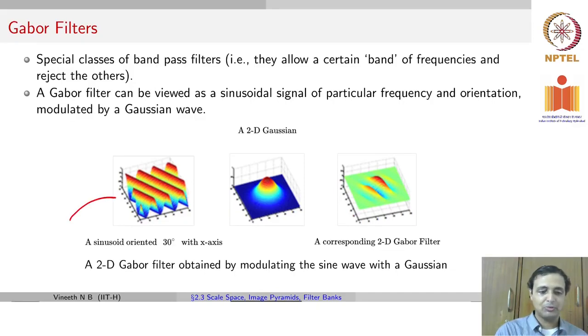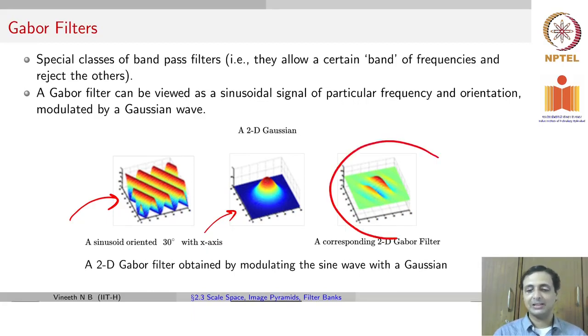So here is an example of a sinusoidal filter of a certain orientation. Here is an example of a Gaussian filter. If you convolve a Gaussian filter and a sinusoidal filter, you would get something like this. Imagine superimposing your sinusoid on your Gaussian, you would get something like this.